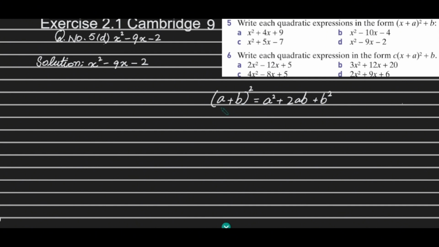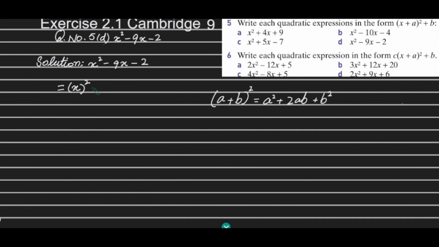Now understand the formula. a is the first term and b is the second one. a squared is the first term squared, plus 2 multiplied by first into second term, ab, plus second term squared. We write x squared. The term involving x is equal to 2ab.